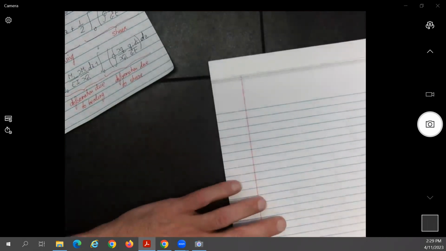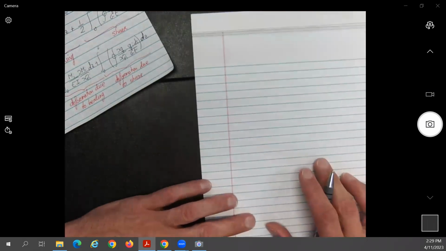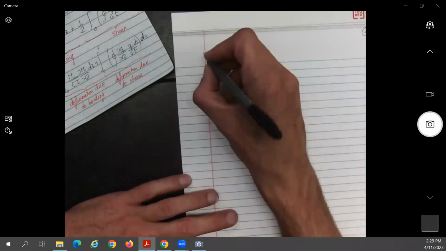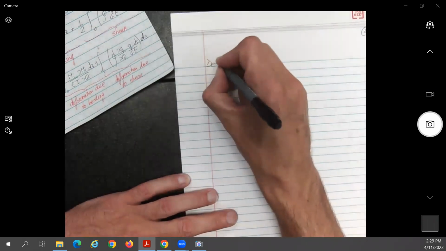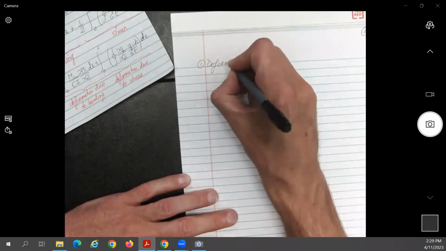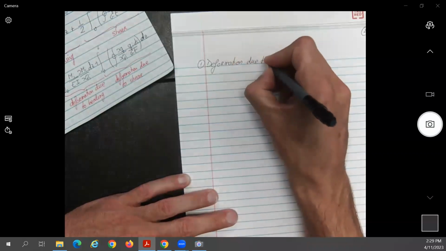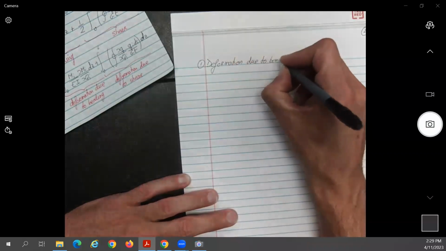So we're going to do one term at a time. The first one will be fast, so the second one will be a bit longer. First, the deformation due to bending.